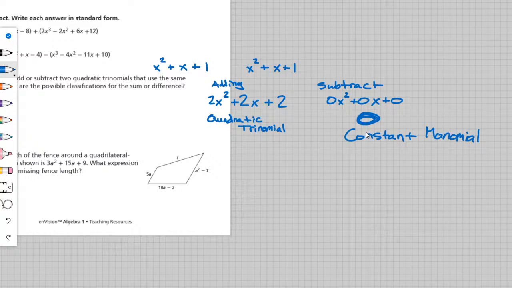Now you could have added this if this had been all negative values. There's also ones where, like I said, you could get it linear. It's asking what's a possible situation you can get by adding it. And again, you don't need to use these. These are just ones I made up. So just make up your own and try it out and see what you get. Hopefully that helps with number 12.